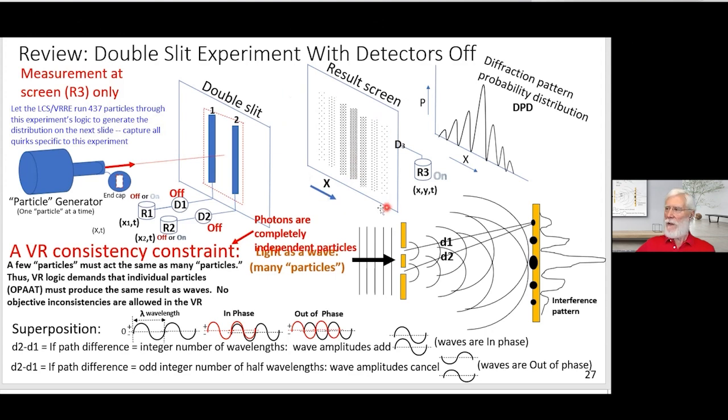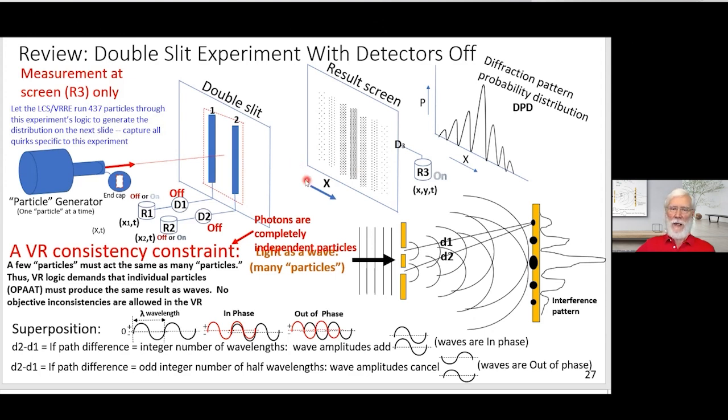This is the interference pattern. But it comes out one dot at a time, and that dot doesn't do all these, then do all those. That dot just randomly occurs someplace. And only after thousands of dots would you see this nice pattern coming out like that.